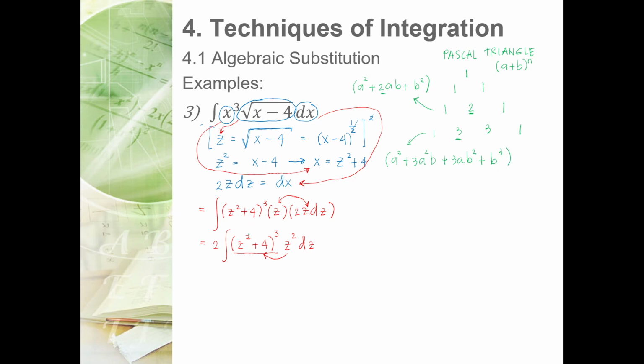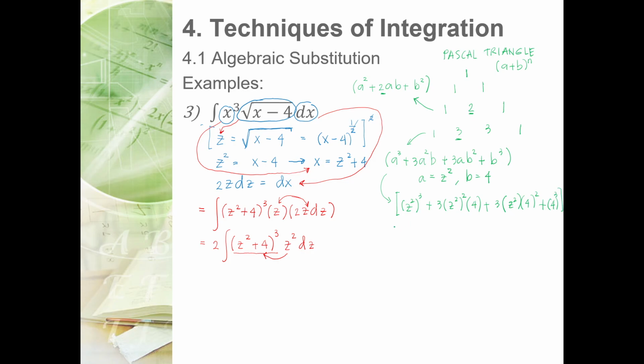Okay, so in our case, our a parameter is equal to z squared and our b parameter is equal to 4. If we apply this, it would give us z squared cubed, 3 times z squared squared times 4, plus 3 times z squared and then 4 squared, then lastly 4 cubed.